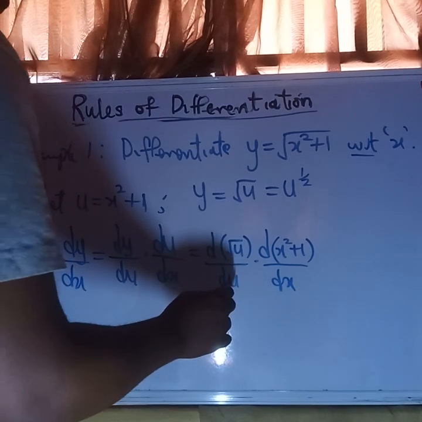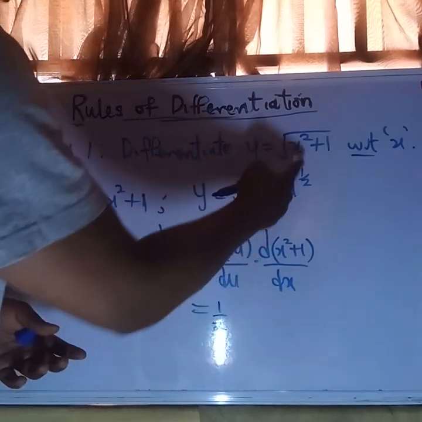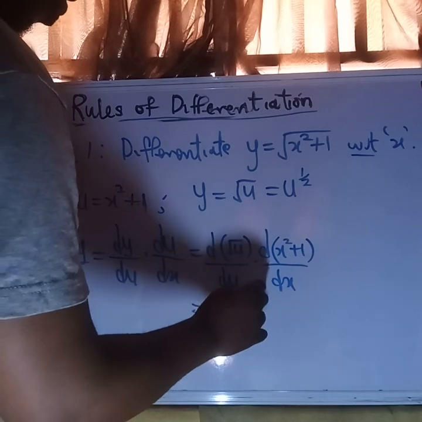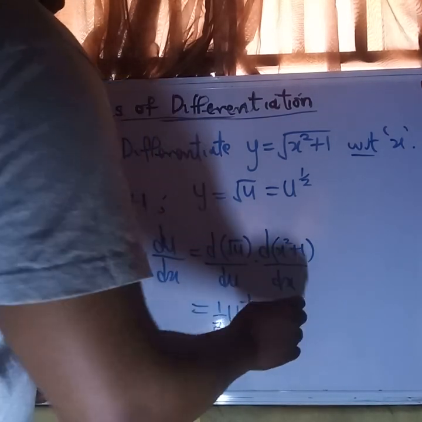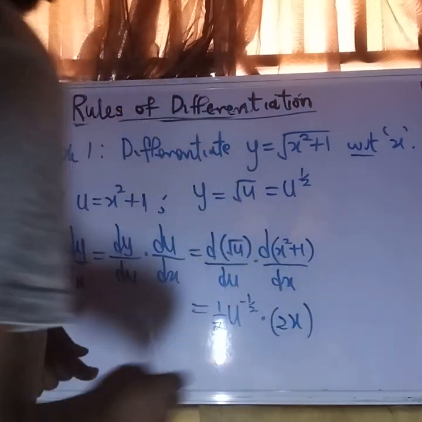If we differentiate this using the power law, this half will come down and we remove 1 from the power, and this will be multiplied by 2x.